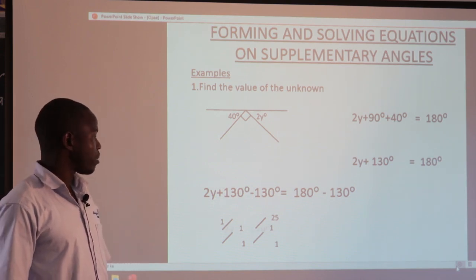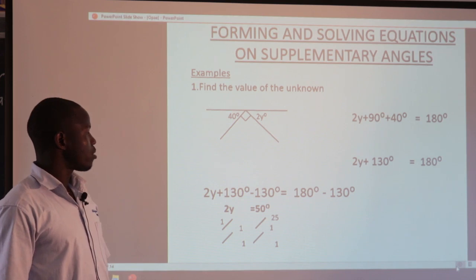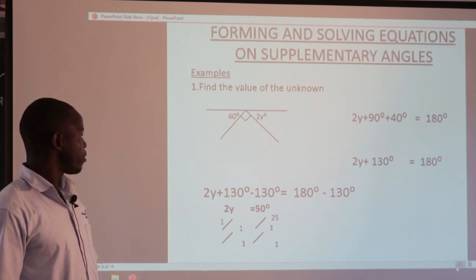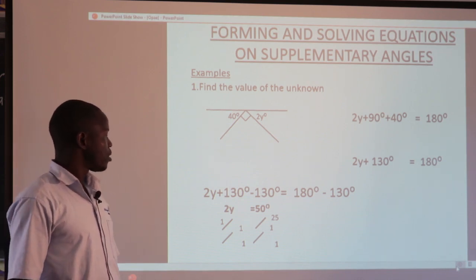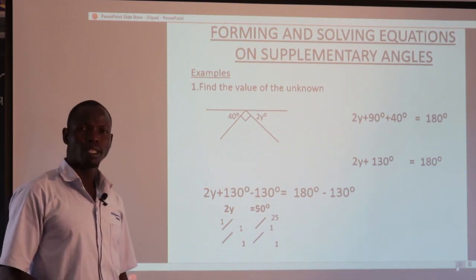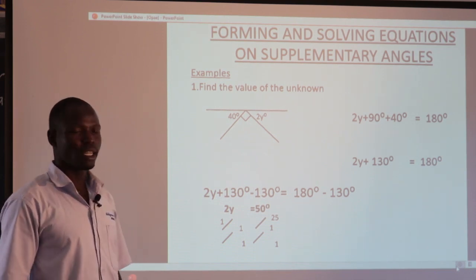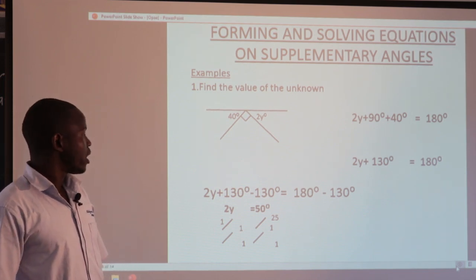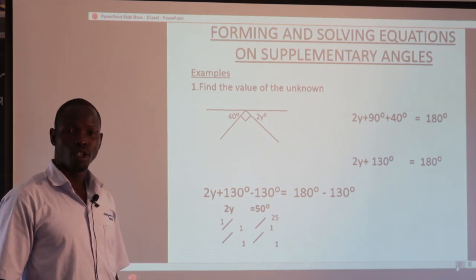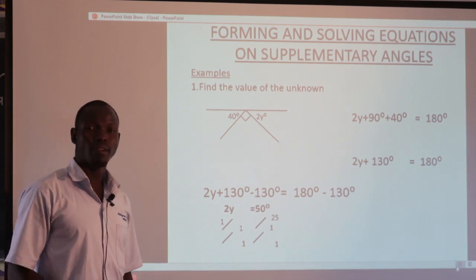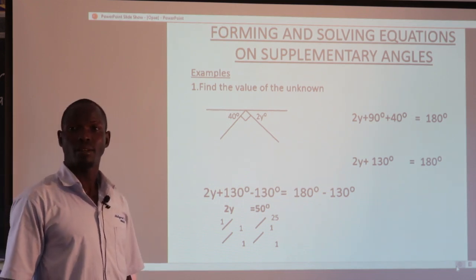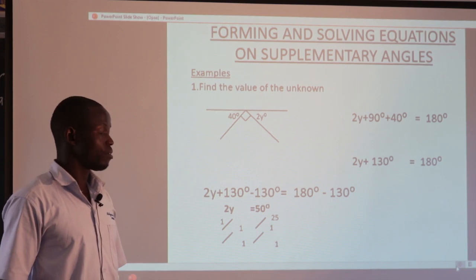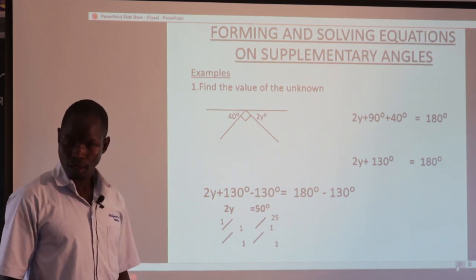When we collect our like terms, we shall simplify them. When we simplify, we shall have positive 130 degrees minus 130 degrees becomes 0 because they are additive inverses. And then we remain with the 2y on the left of the equation. The other side, when you subtract 180 degrees minus 130 degrees, by the way, vertically, you will get 50 degrees. Good.